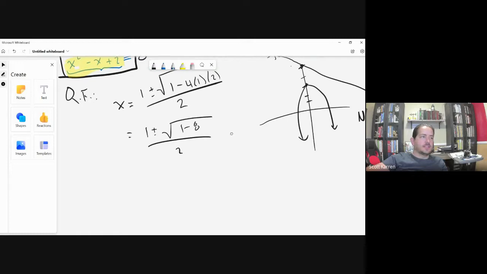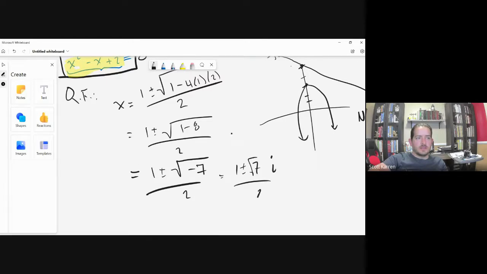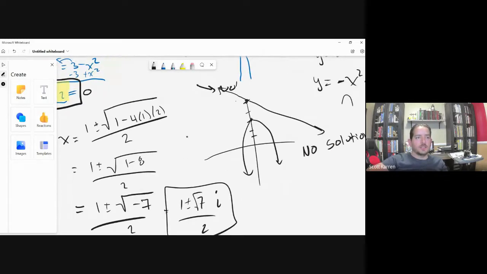And it's having this negative under that square root that tells you this is not going to work out. Because this is a 1 plus or minus root 7i all over 2, right? So there's not going to be any real solutions here, and therefore that's why these guys on the real plane, they don't touch.